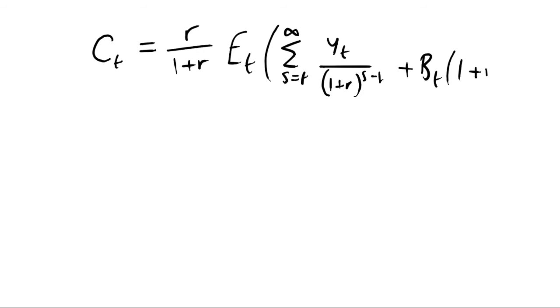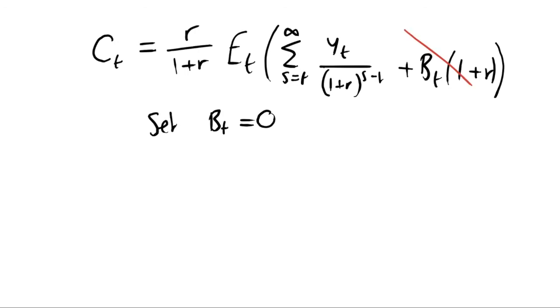which said that consumption in time t depends on the interest rate and our income in the future and our initial value of assets. To get a bit of intuition, we're going to set the value of initial assets equal to 0, so that our consumption only depends on our present value of income, so we'll get rid of that.